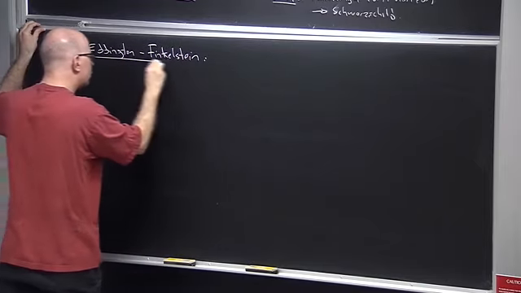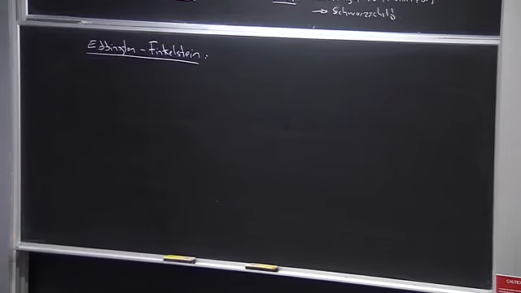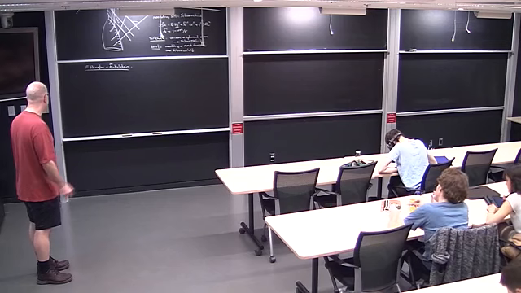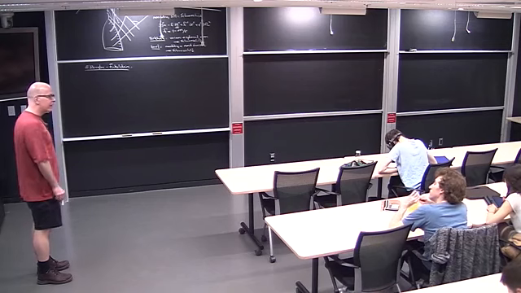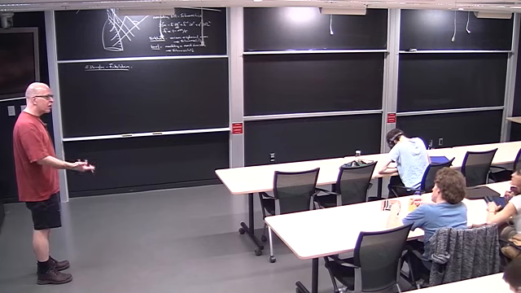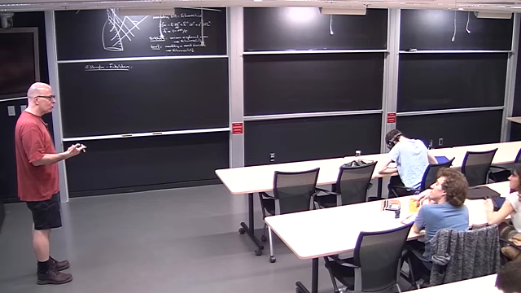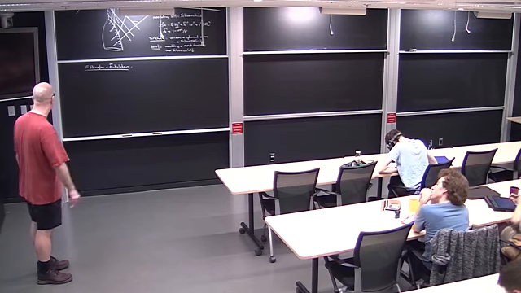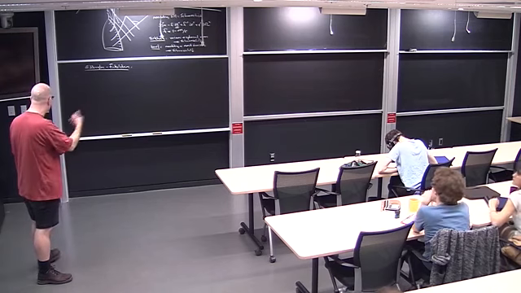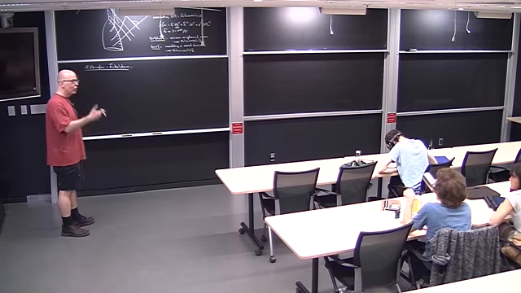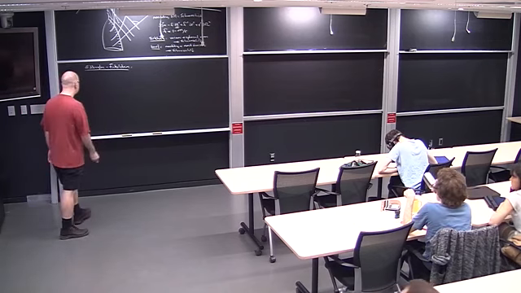Eddington, of course, goes back to the 30s. He was one of the early relativists. Finkelstein showed up in the 50s, and I forget the history there, but he probably rediscovered Eddington's work independently. It was only after the fact that it was realized that what he was doing was exactly what Eddington had done a long time ago, but no one had noticed.